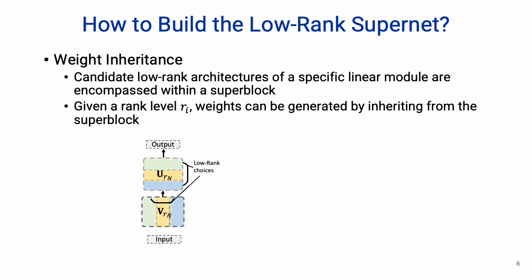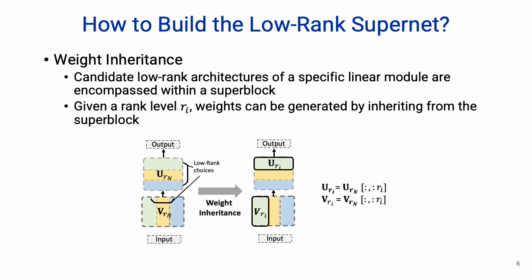In the weight inheritance strategy, for a given rank level R, the corresponding weight can be easily generated by inheriting the top R vectors from the superblock. This strategy enables us to encode different low-rank architectures within a supernet.